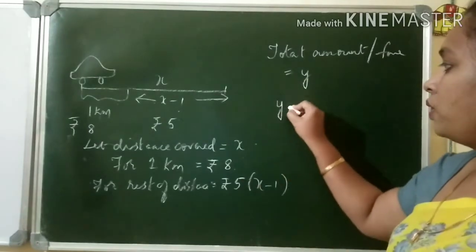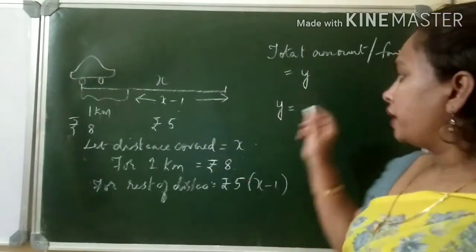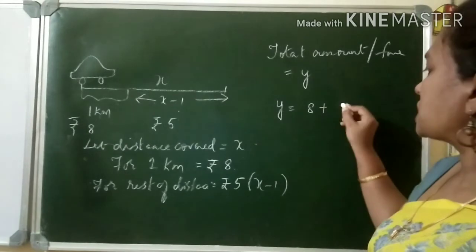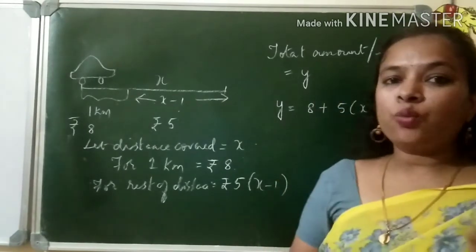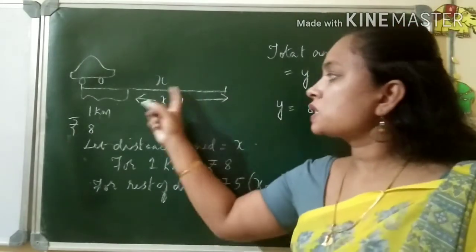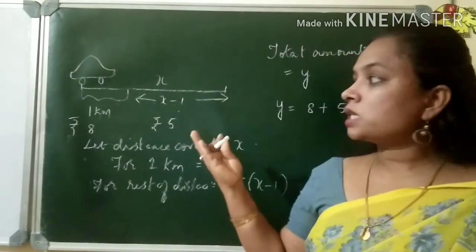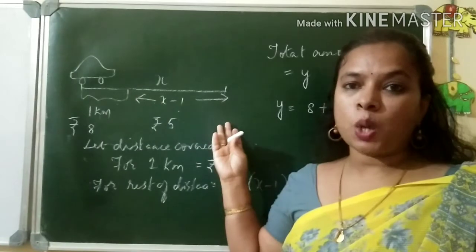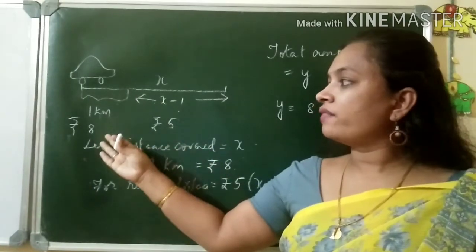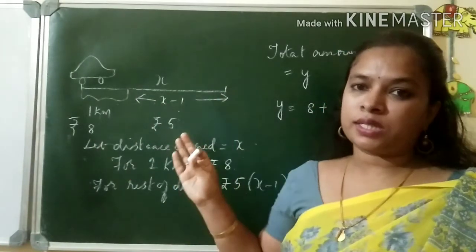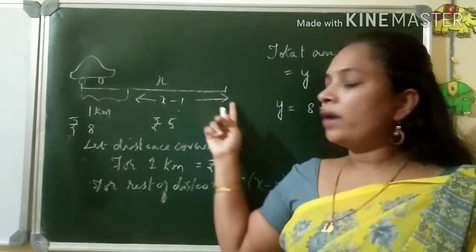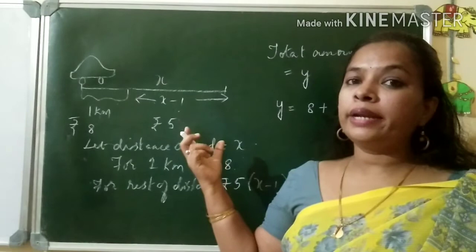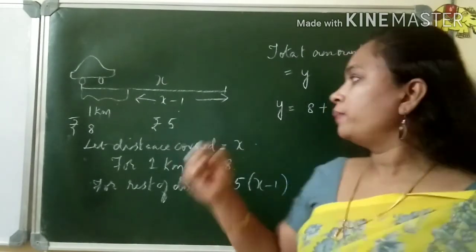So the total amount paid will be equal to 8 rupees plus 5 into x minus 1. The common mistake children make is they skip this x minus 1. Why they skip this x minus 1 is that visualization is not there. If 1 kilometer is covered, for the rest they just write 5x. So from next time you are going to draw one rough figure like this, so that you will get better visualization and you will never make a mistake.